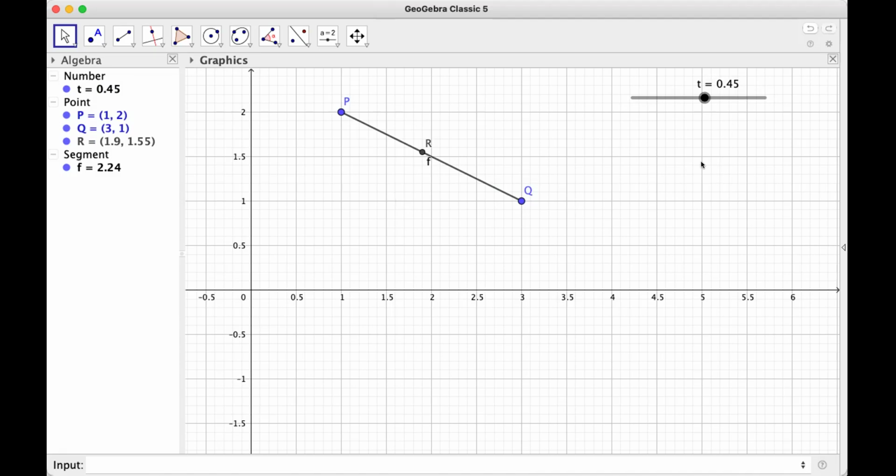Okay, so why am I talking about this particular topic? Because it's related to the concept of convexity.